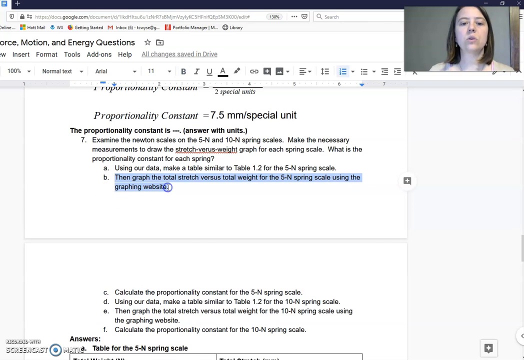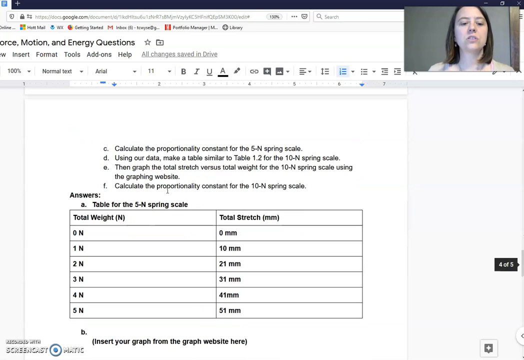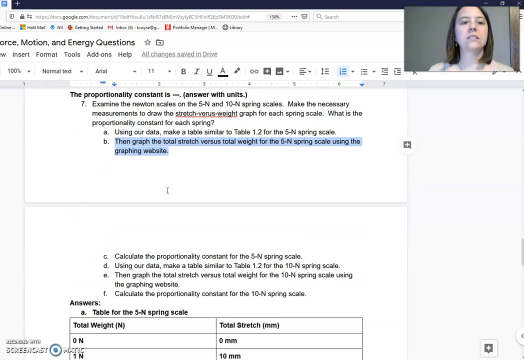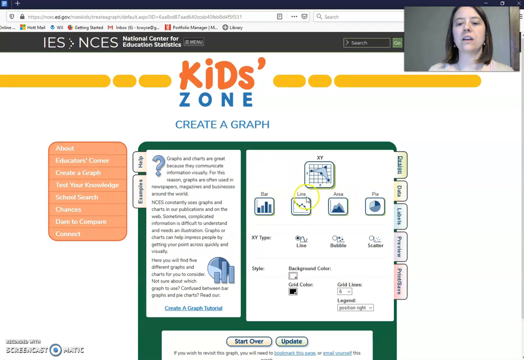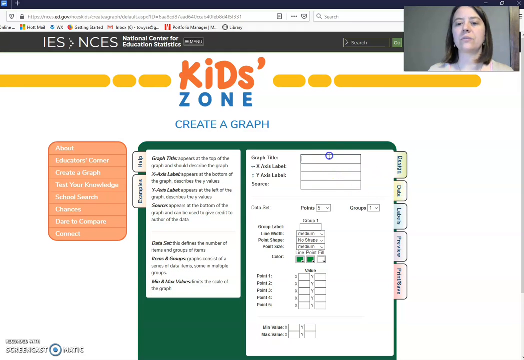Okay, now we're going to move on to B. Then graph the total stretch versus total weight for the 5 Newton spring scale using the graphing website. So we'll want to go back to that same website we were at before. And if you remember, we went on an XY graph, and we wanted it to be line, and then we have to enter our data.